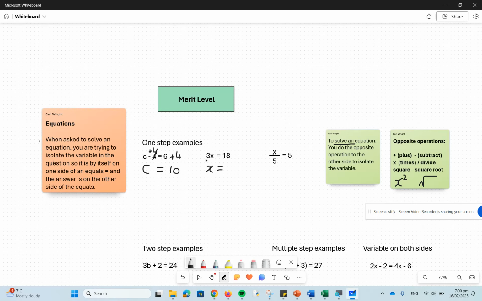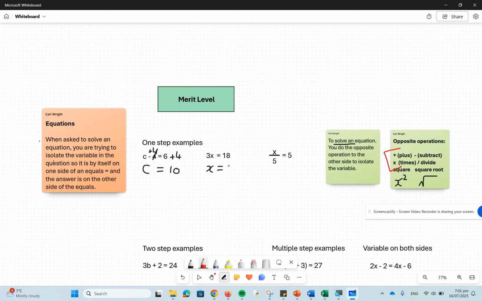Now what is happening? It's 3 times x. If we go over to our area over here, you'll see that the opposite of times is divide. So if I've got 3 times x, I want to do the opposite of 3 times to the other side. And what's the opposite?